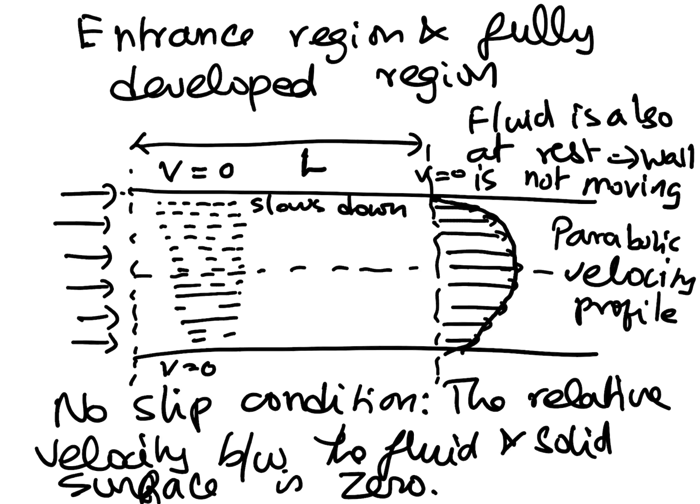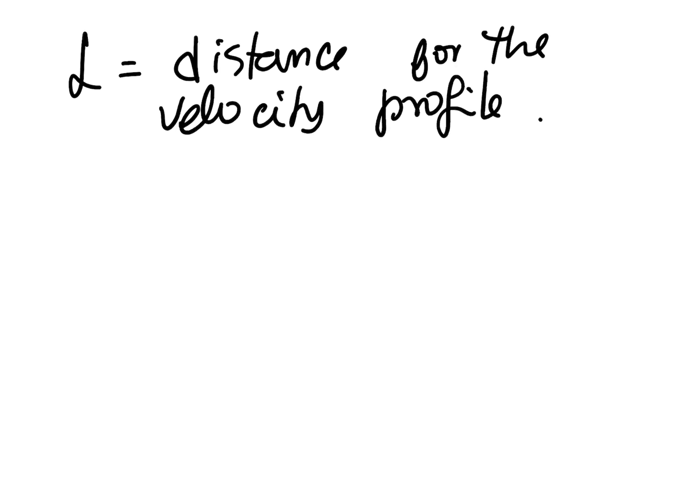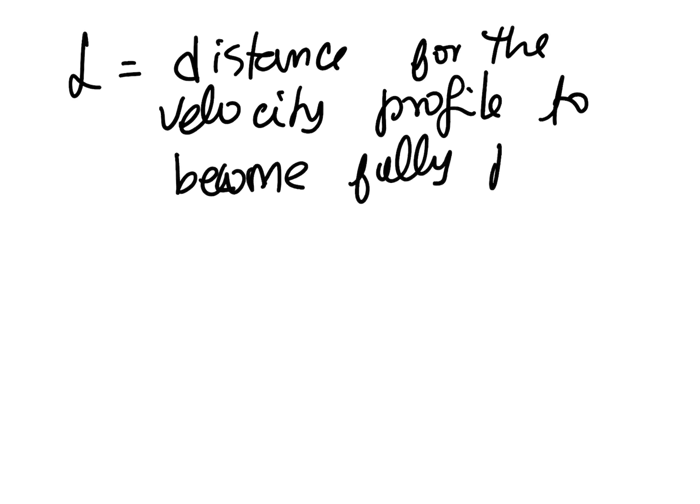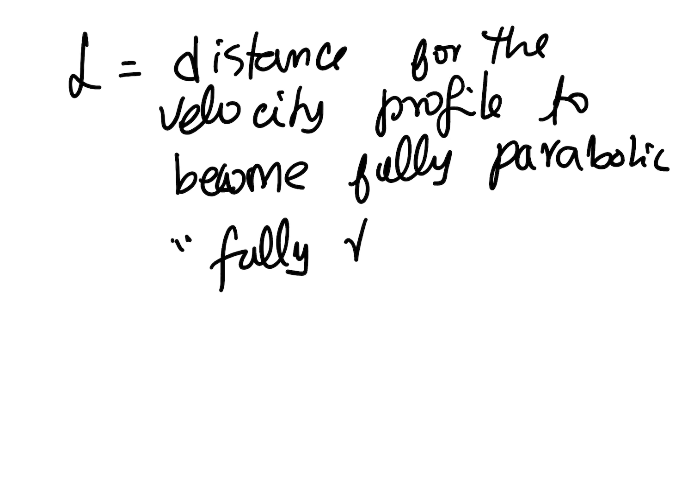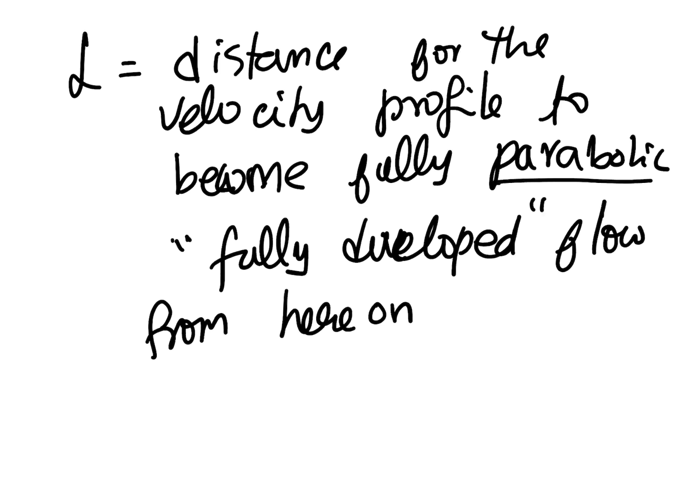L is the distance for the velocity profile to become fully parabolic. We call it fully developed flow from here on.